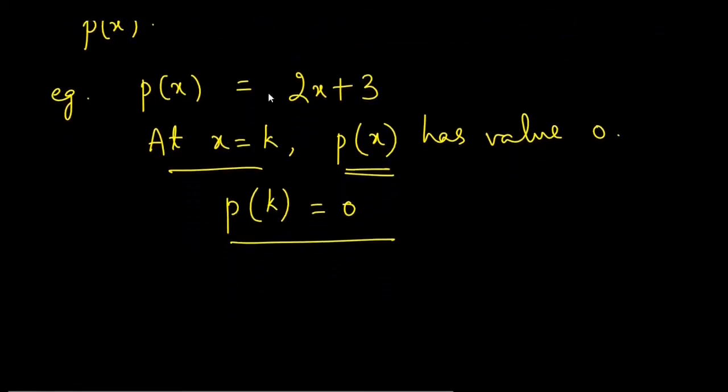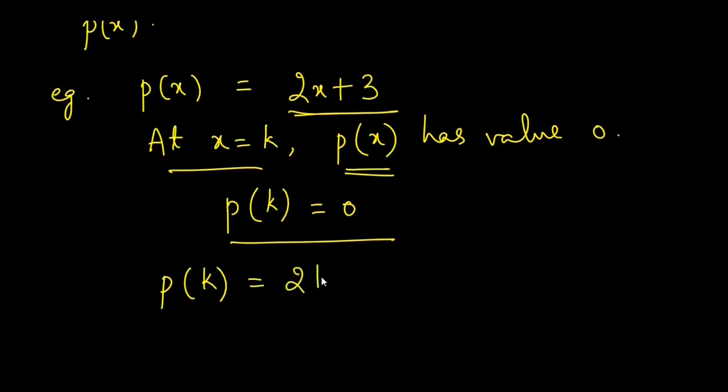Here p of x is 2x plus 3. So p of k is 2k plus 3. To find the 0 of p of x, we have to equate p of k is equal to 0. So here 2k plus 3 is equal to 0.